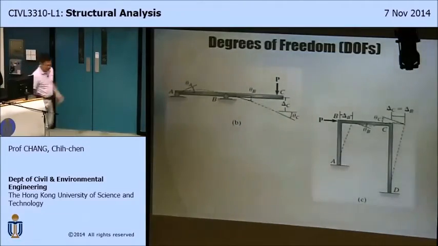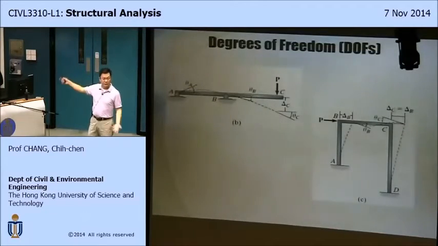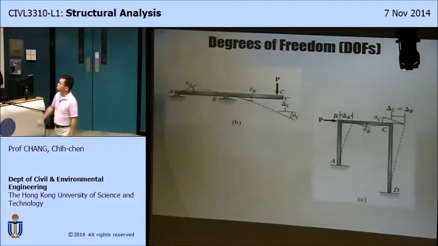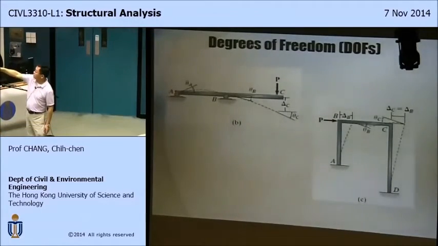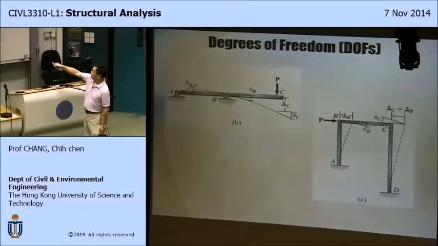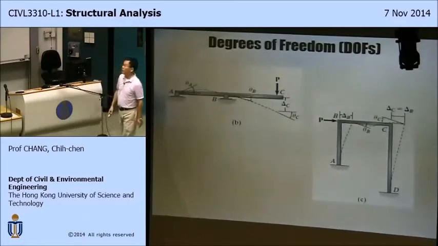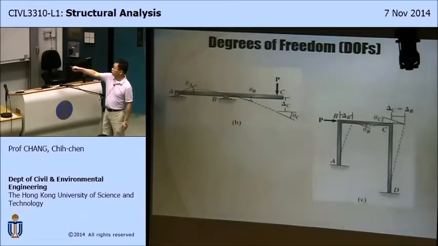OK, so if that is the case, we can look at these structures and then define the degrees of freedom now. So here is a hinge, roller, or hinge, and loading is here. You decided to model this as node A, node B, and node C. This is the first element, this is the second element, and you identify degrees of freedom.